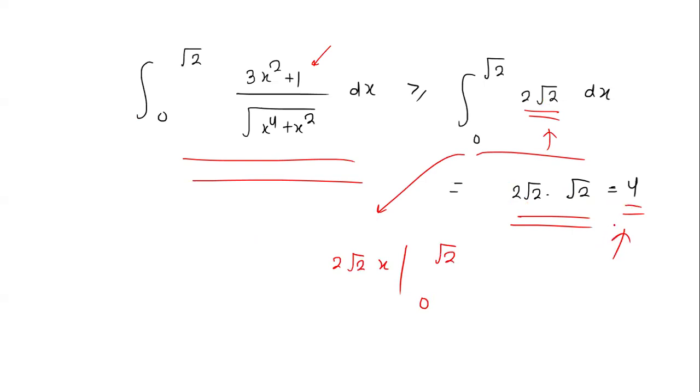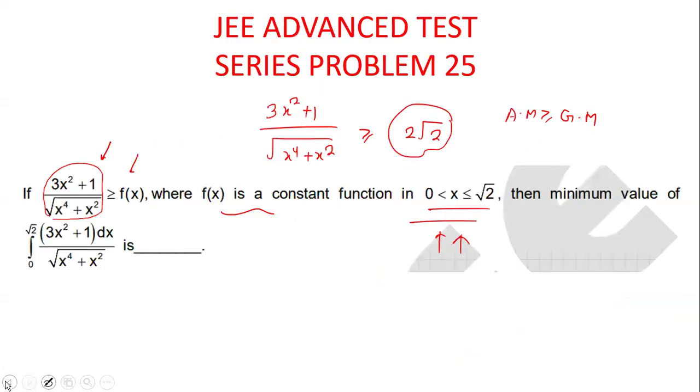So we can say that this integral must be greater than or equal to 4, because this expression's minimum value is 2 root 2 for x = 1, and if you put that in the integral, you get this integral is always greater than or equal to 4. So in this case you can say that the minimum value is 4. In this way we can solve this.